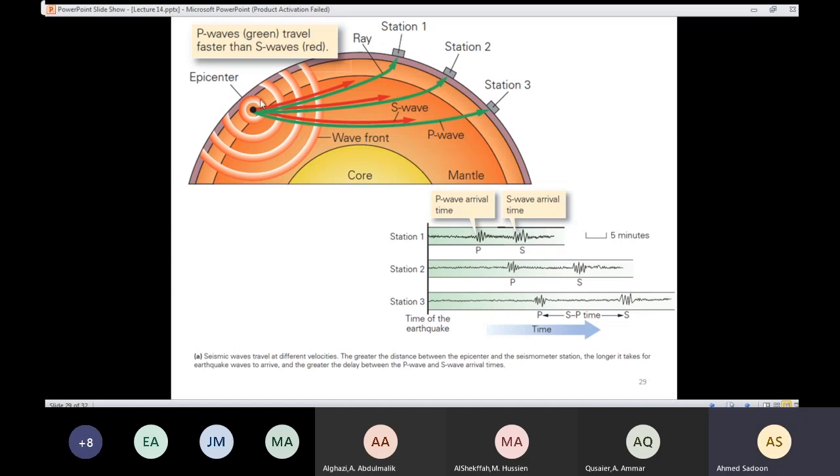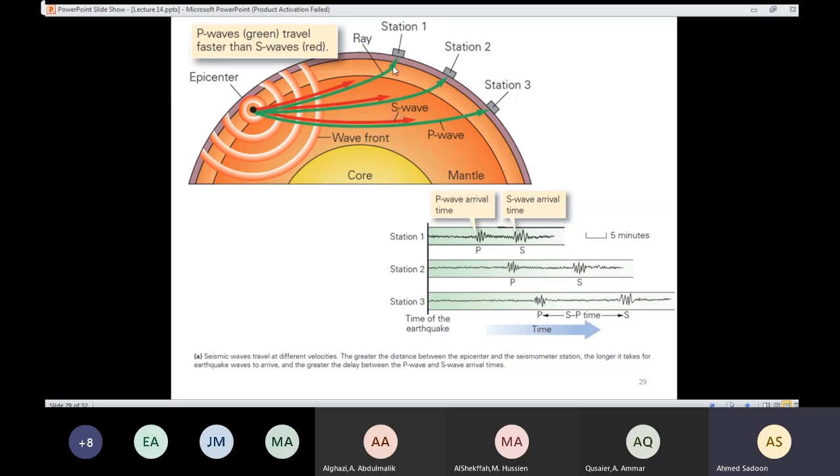When an earthquake takes place here, we know that the energy is going to be released in the form of seismic waves. So we are going to put a station here and here and here. So at station 1, the green line is for the primary wave, and the red one is for the S wave.